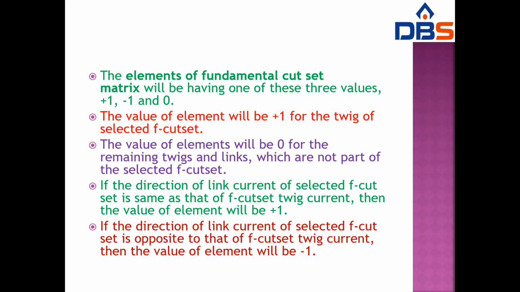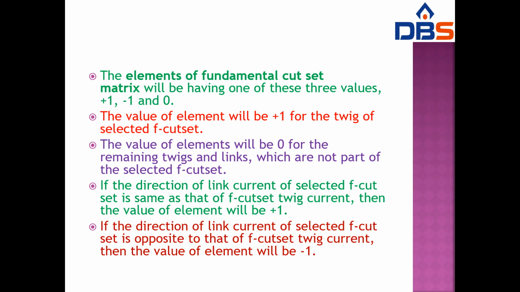If the direction of the link current of the selected F cut-set is the same as that cut-set twig current, then the value of the element will be plus 1. So if the direction is the same, put it as plus 1. If the direction is opposite, then put it as negative.